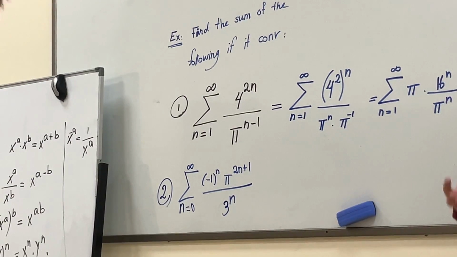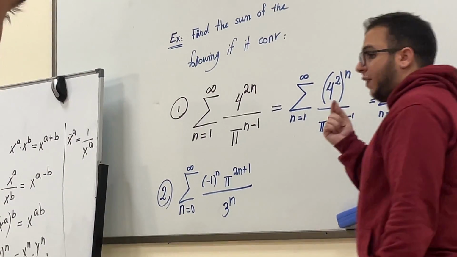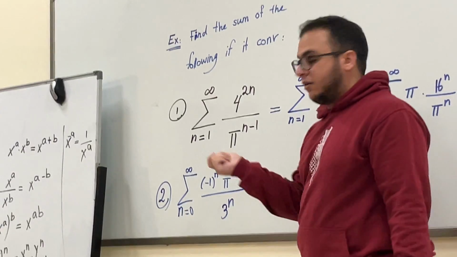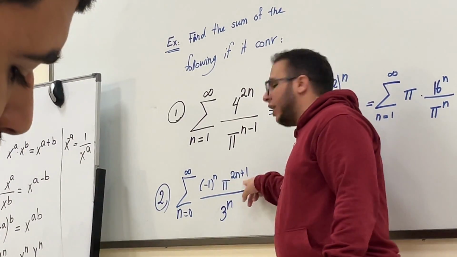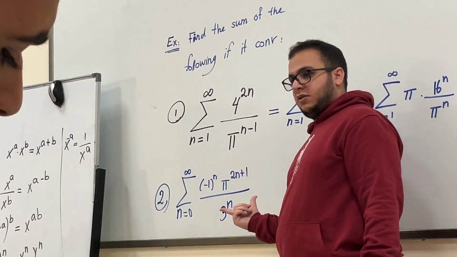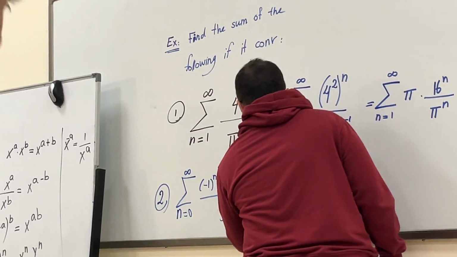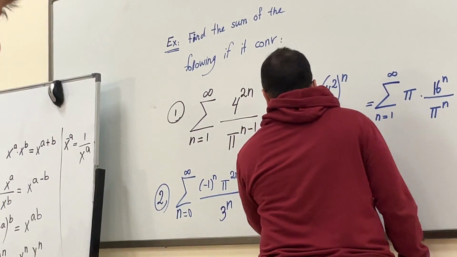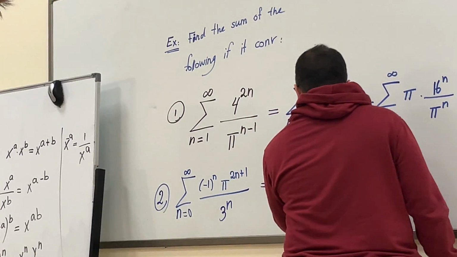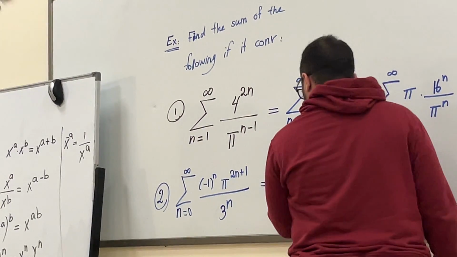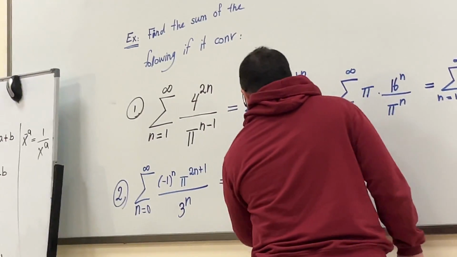Okay, again, the first step is to make everything power n. Not n squared, not 2n plus 1, for example, right? So how do we do it here? (−1)^n, 5^(2n) times 5^1, divided by 3^n.